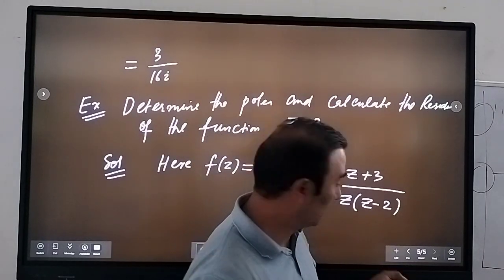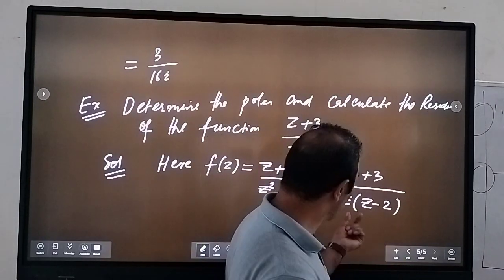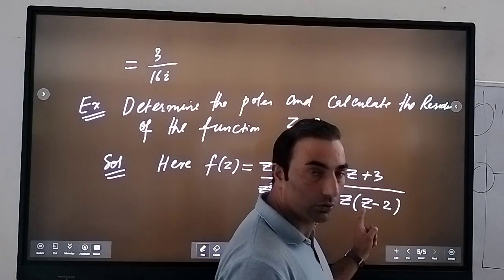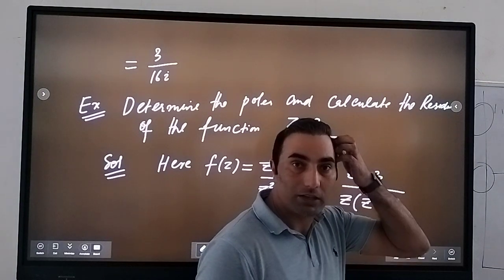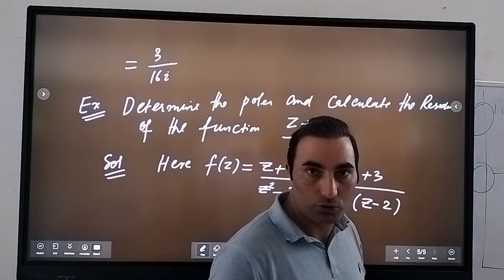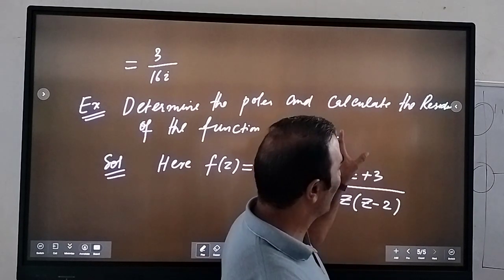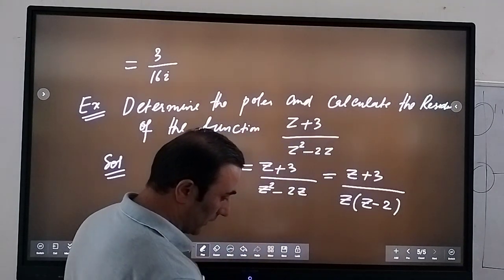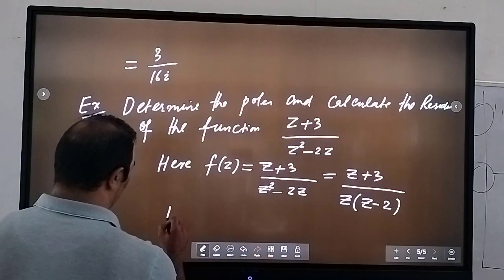Now we can check easily the first singularity exists, the poles. So इसके poles होंगे. First it will be at z equal to 0, and second will be at z equal to 2. Because we need to first determine the poles. पहले हमें देखना है कि poles कहाँ पे होंगे, poles क्या होंगे, and उसके बाद हमें calculate करना है residue function का, right?